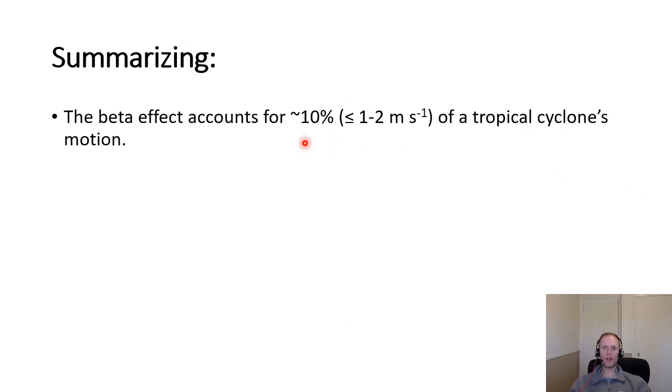So wrapping up here, just to reiterate, the beta effect is about 10% or less, or 1 to 2 meters per second, of a tropical cyclone's motion. Together with the large-scale steering flow, which we considered in our previous video, we're looking at something on the order of 70 to 90%, a very large percentage of the total variation in tropical cyclone motion being explained by these two processes.